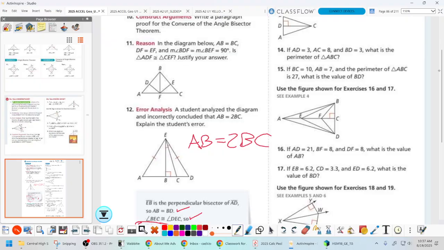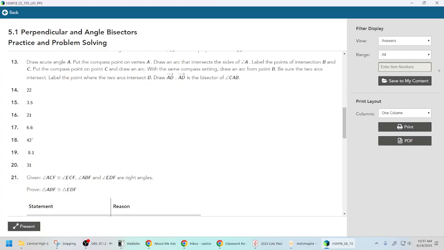Yep. To 17. So 14 is 22. 15 is 3.5. 16 is 21. 17, 6.6. So, any questions on those?